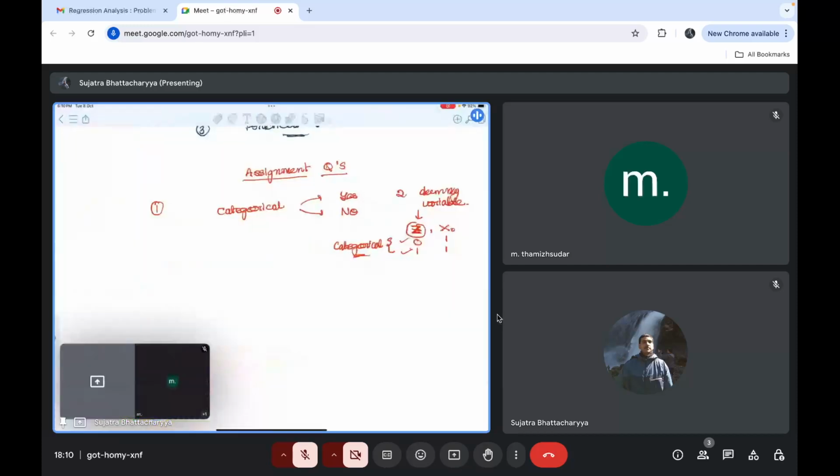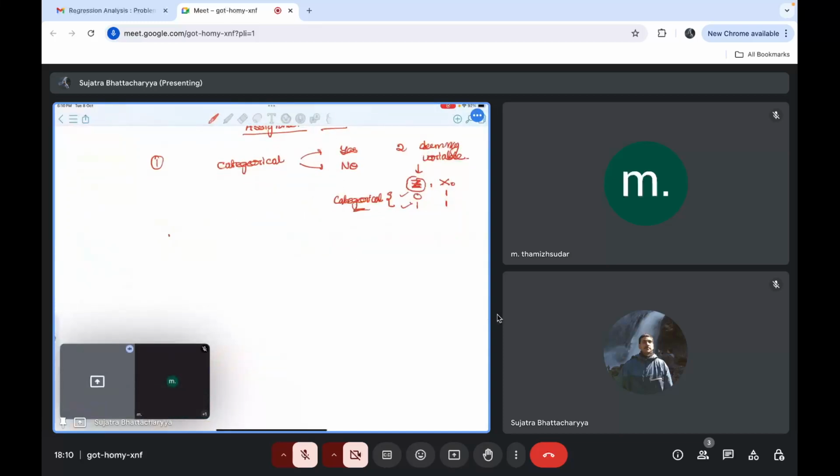So let's come to the solution. You have three qualitative data categories or sets. The number of sets of data generally equals the number of dummy variables, so the number of dummy variables in this case should be equal to 3.